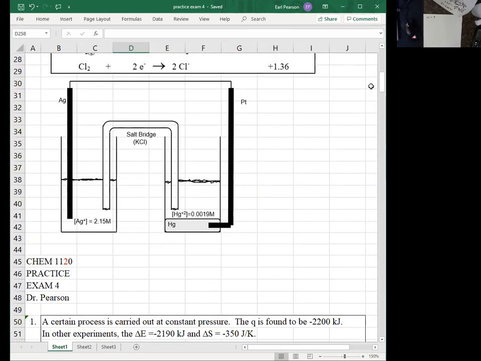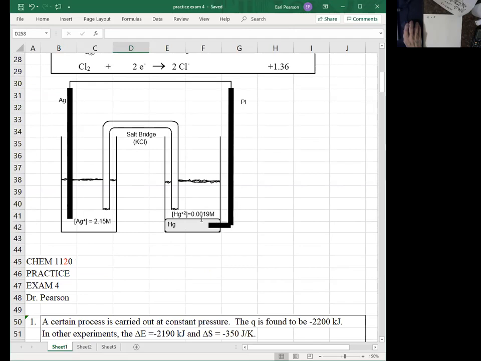It is the same cell that we've been doing calculations on, except the concentrations are different. I've got silver and a silver ion cell, and I've got mercury in a mercury 2+ cell. Remember, mercury is a liquid. It's a liquid metal, so that's why we're making the contact the way we are.